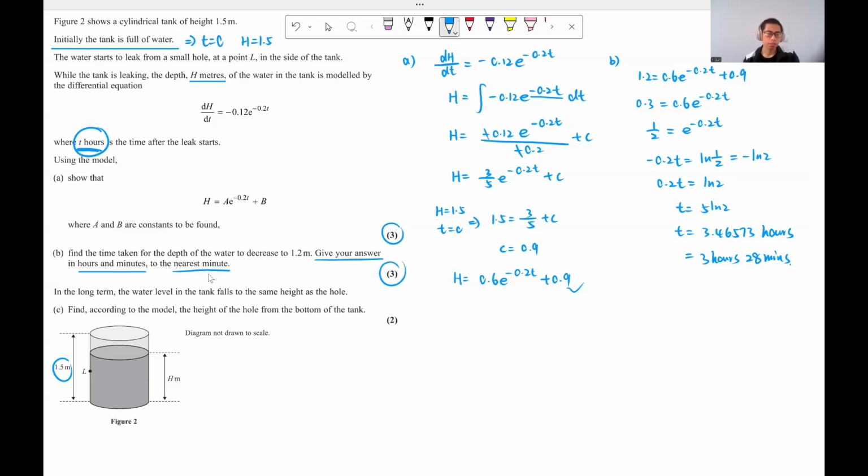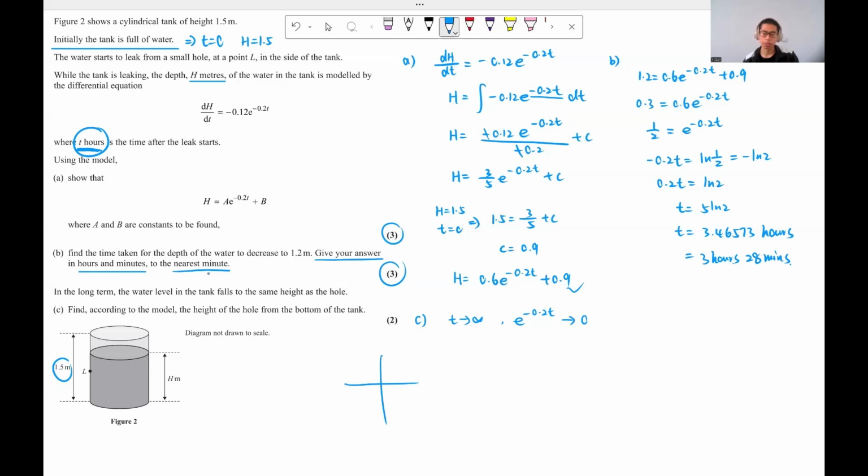And then part C. In the long term, the water level in the tank falls to the same height as the hole. So part C: find, according to the model, the height of the hole from the bottom of the tank. So basically, it's just asking you what's the limiting height. If we let t go to infinity, that means e to the power negative 0.2t will go to 0.